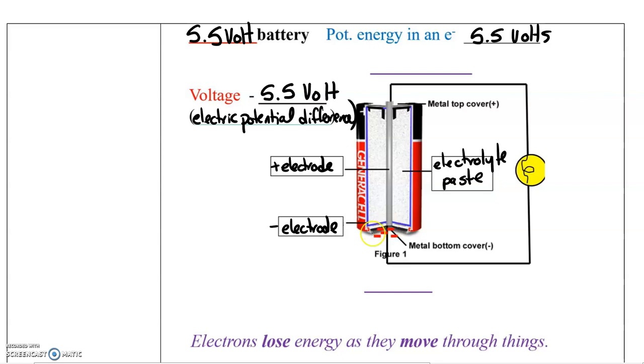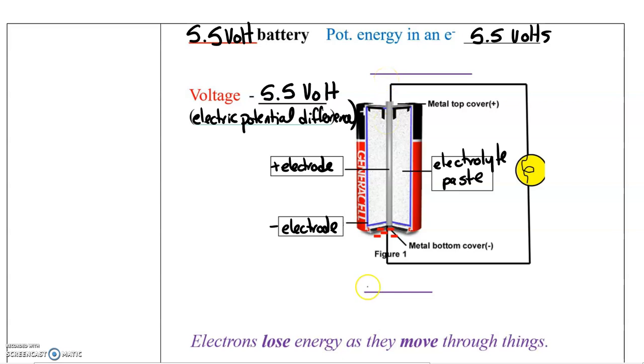So electrons move from the negative end and go through. They power the light bulb, and then they lose all of their energy. So it goes from 5.5 volts in the electron to 0 volts, and then it goes back here.